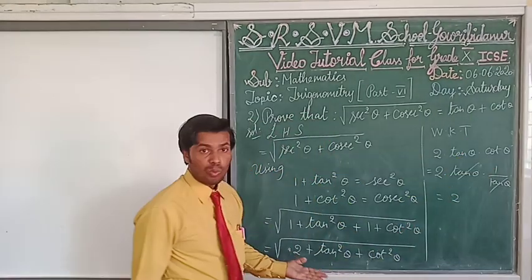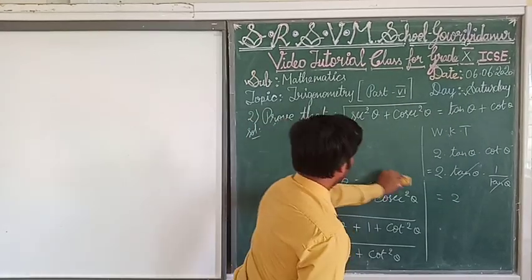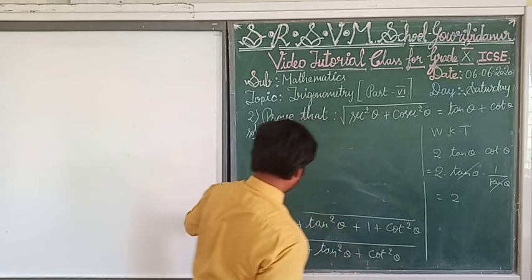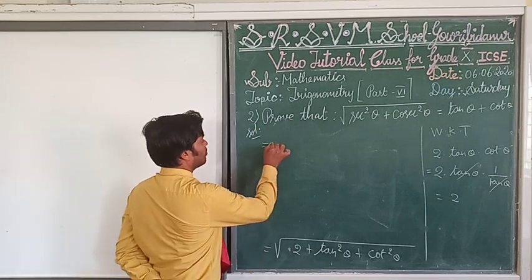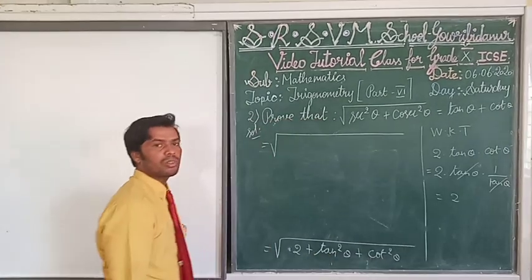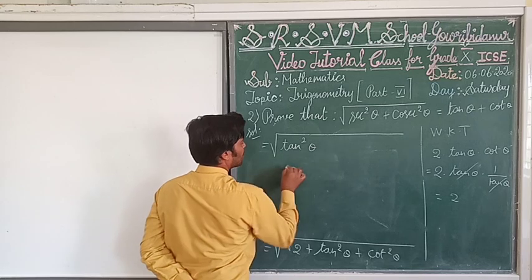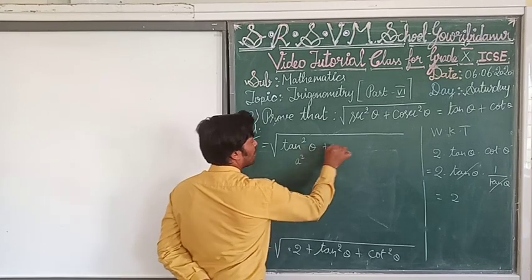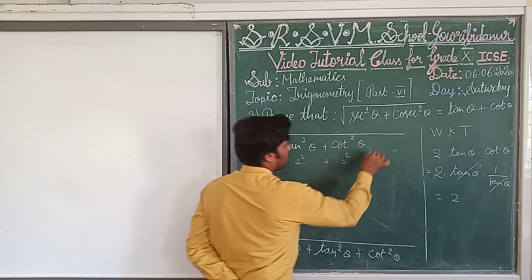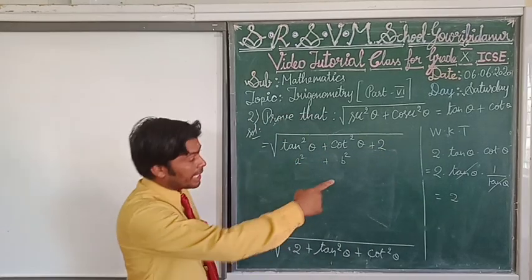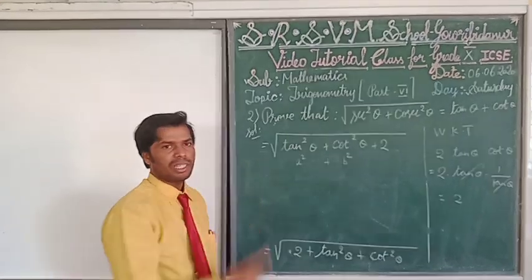So we can write 2 in the form of 2 into tan theta into cot theta. I am replacing here. This step I am writing: under the square root of tan square theta, this is a square format, plus cot square theta, b square, plus 2 into tan theta cot theta, because the tan term came and the cot term came, according to that I taken.